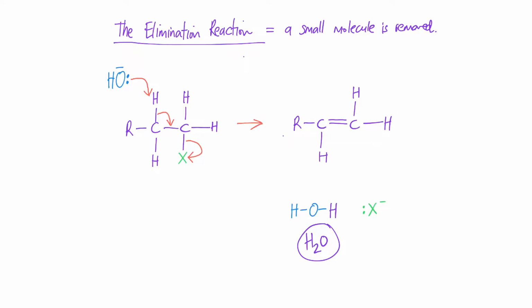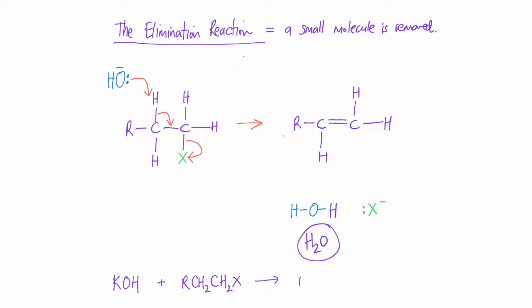We can write an overall equation for this reaction. So we can start off with the hydroxide. We can't get hydroxide ions on their own, of course, in our experiment here, so we would have, say, potassium hydroxide or sodium hydroxide. Then we have our haloalkane, whatever that may be.